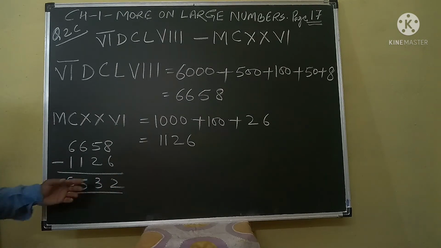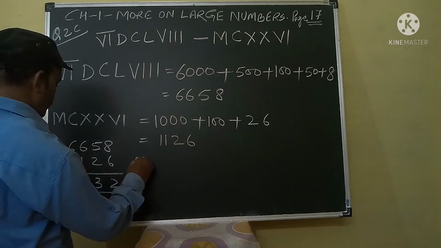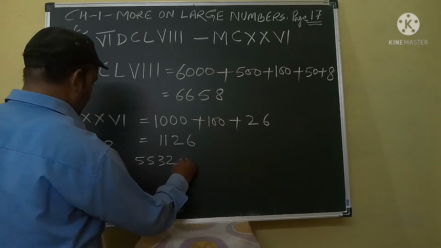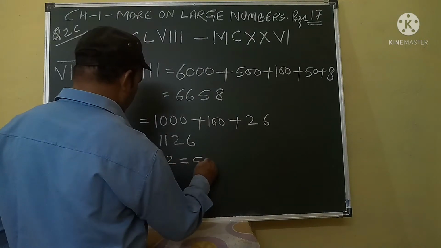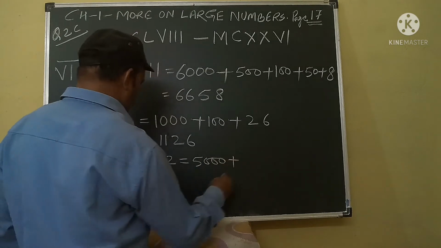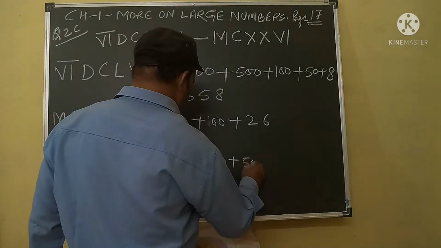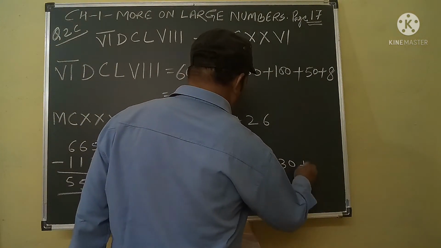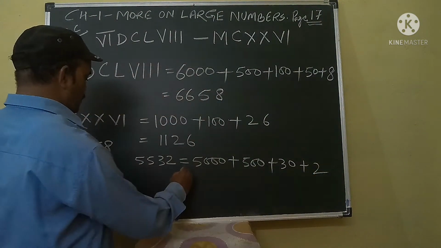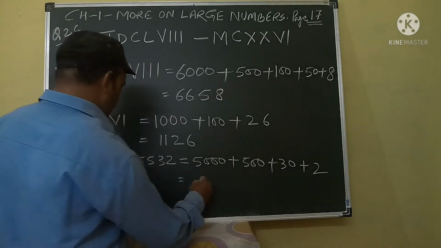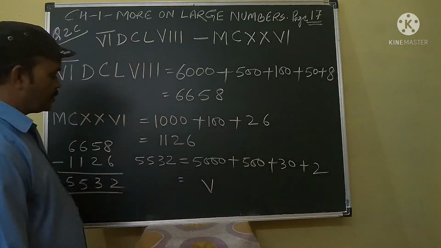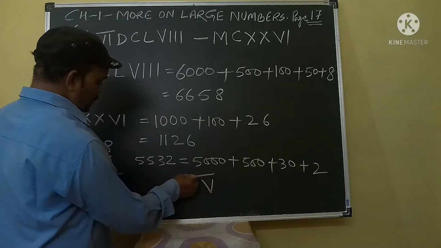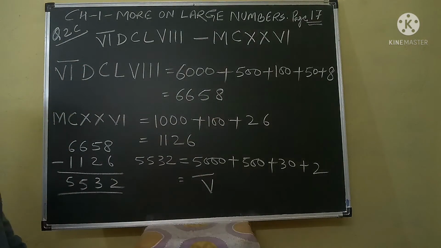Which Roman numeral can we apply for this number? 5532 means 5000 plus 500 plus 30 plus 2. V is the symbol of 5, and just above V we apply one horizontal line. This is 5000.